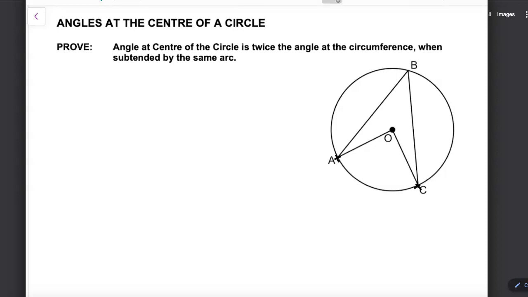So in order to prove this, I'm going to actually split this up into two isosceles triangles using the radii of the circle. And I'm going to focus on how can we define this angle here being twice the angle at the circumference.